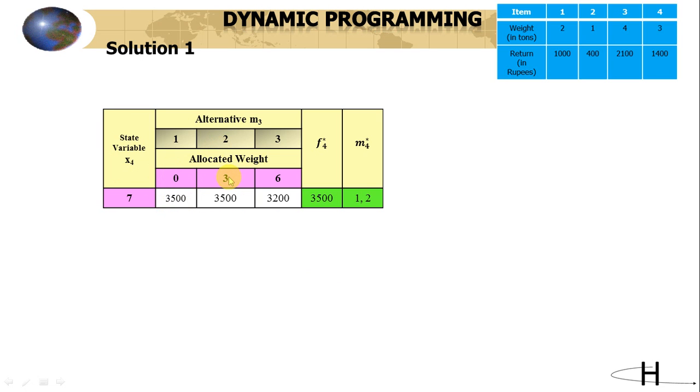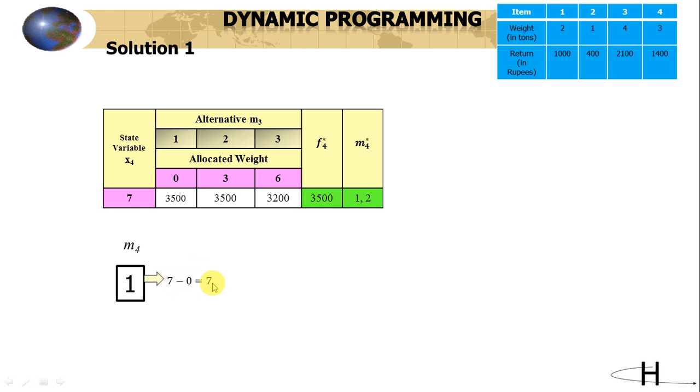These alternatives are 1 and 2. Out of these two alternatives, first I will consider alternative 1. When I consider alternative 1, the weight allocation in stage 4 will be 0. So the remaining weight with me will be 7 minus 0, that is 7.